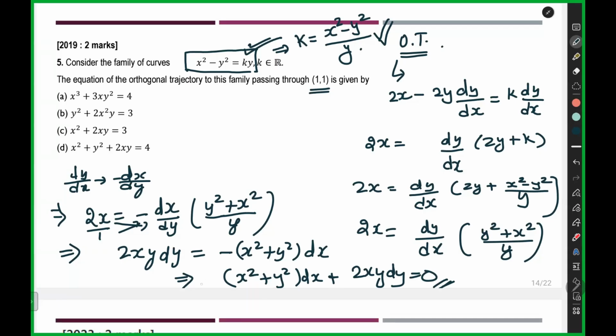So up to this point, whatever we have done is correct, understood by everyone?